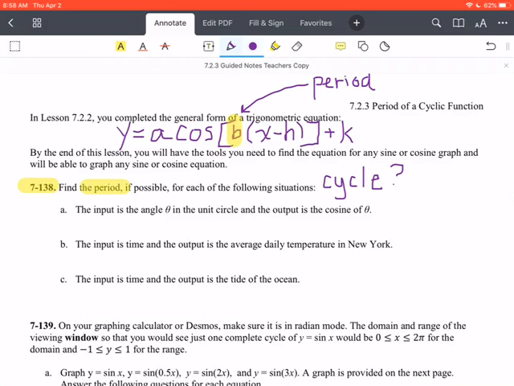On question A, it says the input is the angle, theta, in the unit circle. So immediately you're thinking, how long does it take to travel around the unit circle? And the output is cosine of theta. If we picture that unit circle, where do we always start? We start here at 0 radians.